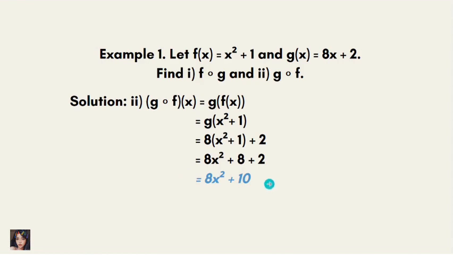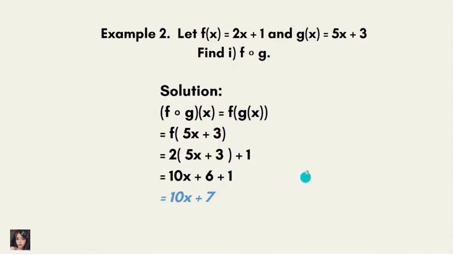So another example is let f of x equal 2x plus 1, and g of x equal 5x plus 3. Find f composed of g. So our solution here: f composed of g of x is equal to f of g of x. So same thing that we did earlier.